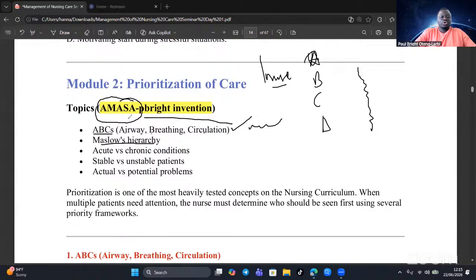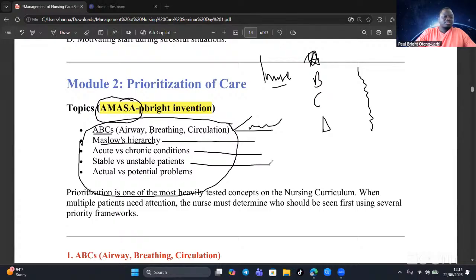Sometimes too, they can take all these bundles. So they will give you a patient with what? ABC problem. They will give you a patient with Maslow's hierarchy of needs problem. They will give you a patient with acute and chronic problem. They will give you a patient with stable versus unstable problem. And they will give you a patient with actual or potential problem. 5 problems, 5 different patients, and they tell you to prioritize.